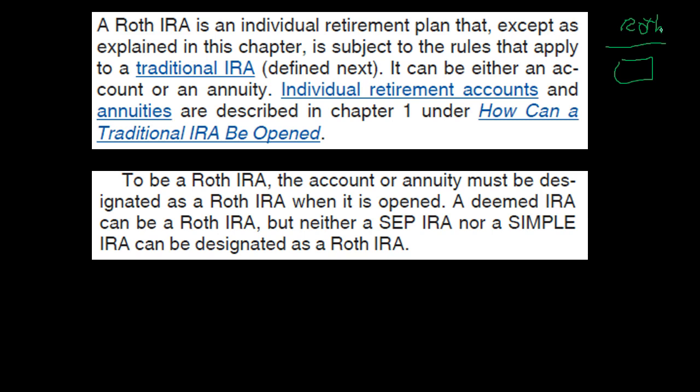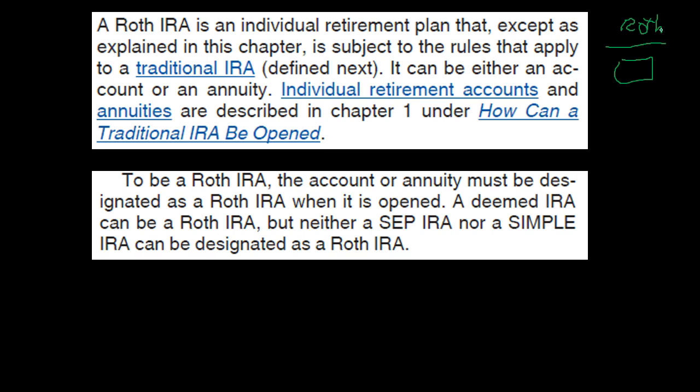Hopefully, unlike if it wasn't in any type of IRA account, we would not have to pay taxes on the gains, and therefore it's going to accumulate upwards, and then at the point of distribution, they can properly record the distribution in accordance with the rules of the Roth IRA. So when we set up our accounts, we have to make sure that we're setting up in terms of a Roth IRA.